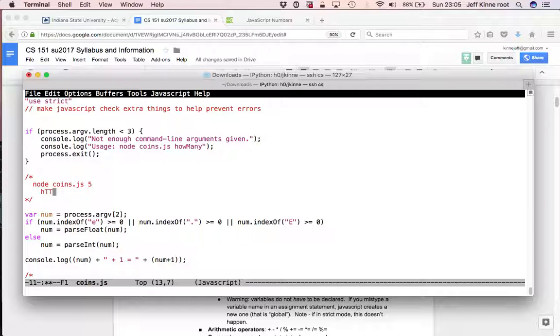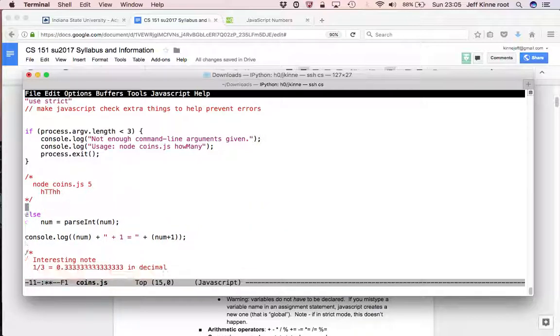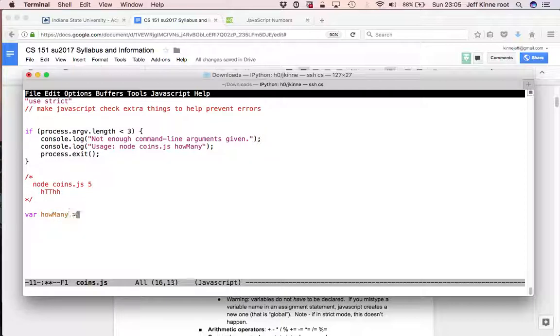Heads, tails, tails, heads, heads, maybe. Okay, so first we're going to get that how many. I'm going to do parseInt because that should be an integer, v bracket 2. Okay, so now what I'd like to do is flip some coins, and to start off with, let's just flip one coin.